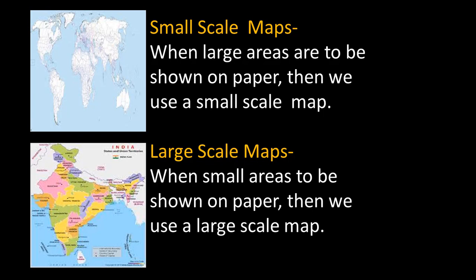According to the scale, we categorize the maps into two categories. The first one is small scale map and the second one is large scale map. When large areas like the continents, the countries, we want to represent on a paper, then we use a small scale map.